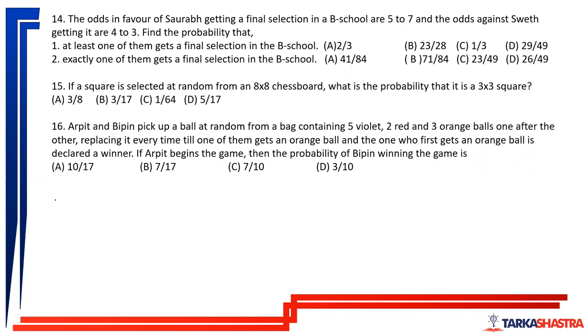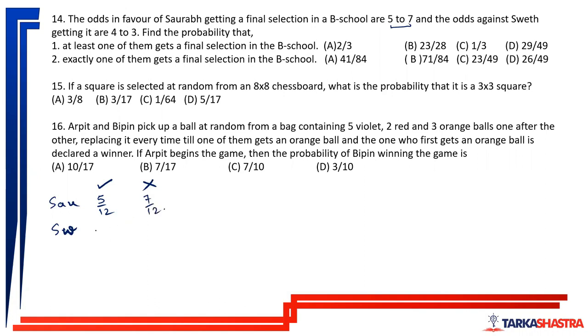So you have Saurabh and Shwet: getting selected, getting not selected. So odds in favor for Saurabh are 5 to 7. Means getting selected probability is 5 by 12. Probability is 5 by 12. And not selected probability 7 by 12.